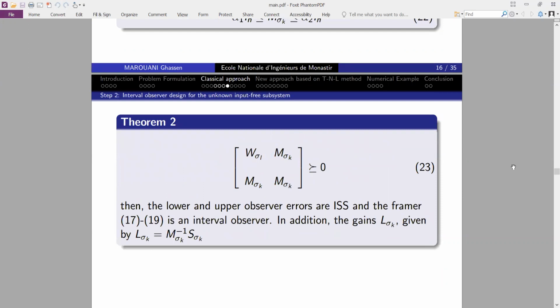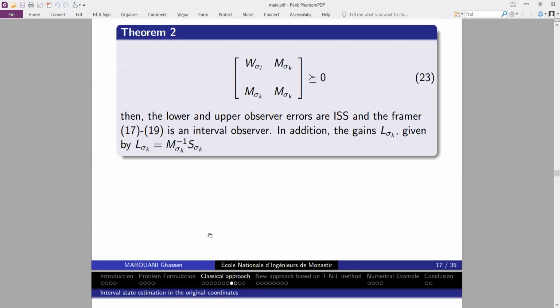So by satisfying those conditions, the lower and the upper observer errors are ESS, and the framer given by the following equation is an interval observer. In addition, the gain of the observer is given by this equation.